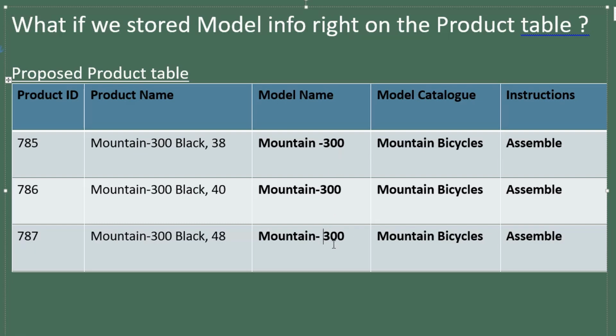You're seeing some inconsistency. We are dependent on that model name being the same for all those product records if we are going to get all those models of products gathered up into one report. So by having this just plain free text, there's a danger of data inconsistency and the data linkage between model and product will be lost.